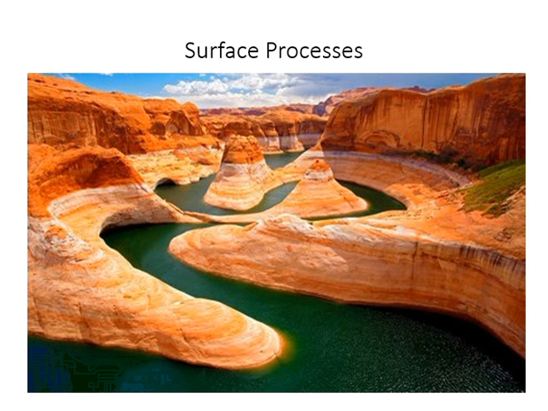These surface processes are responsible for producing some of the most beautiful and spectacular landscapes, as seen here in the Colorado Plateau, with a large river canyon being formed by the process of river erosion.